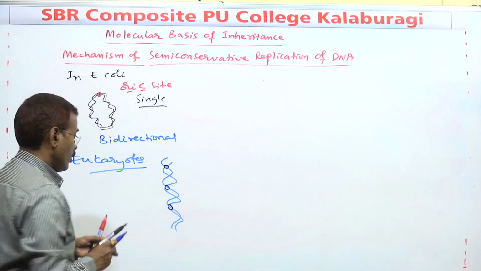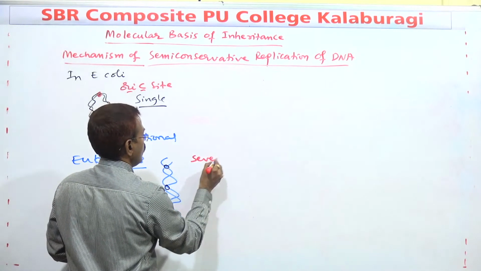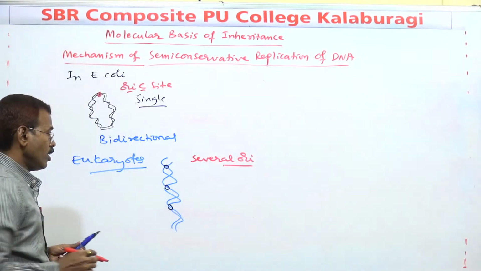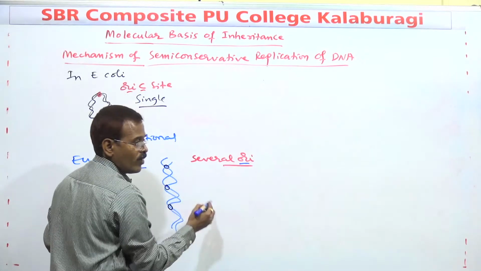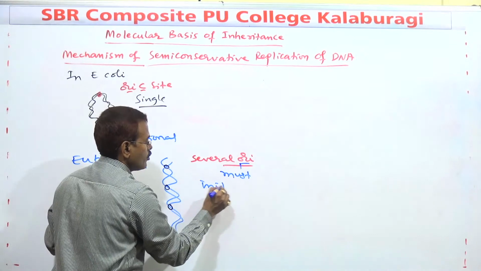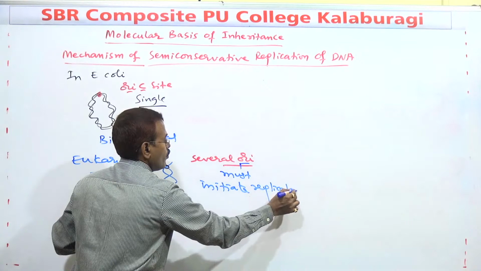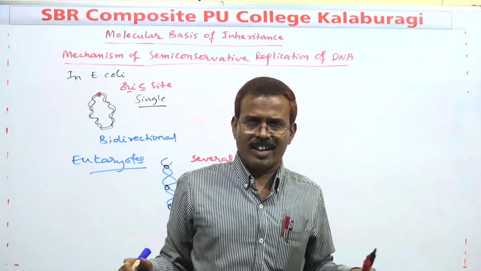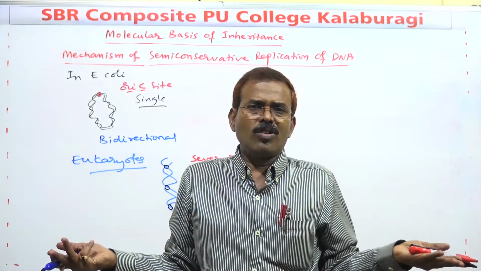It has several ori, origins of replication. So this ori is a must to initiate replication. If this ori is not there, DNA polymerase 3, which catalyzes the addition of nucleotides, will become functionless, useless.